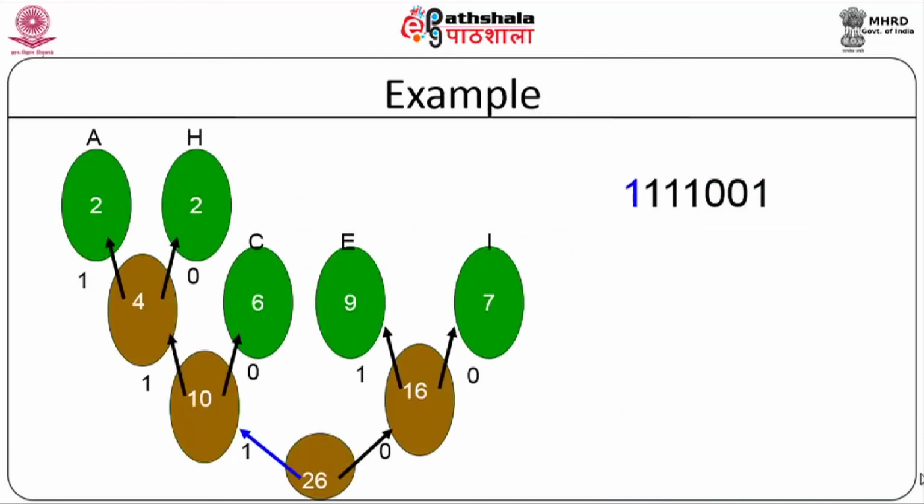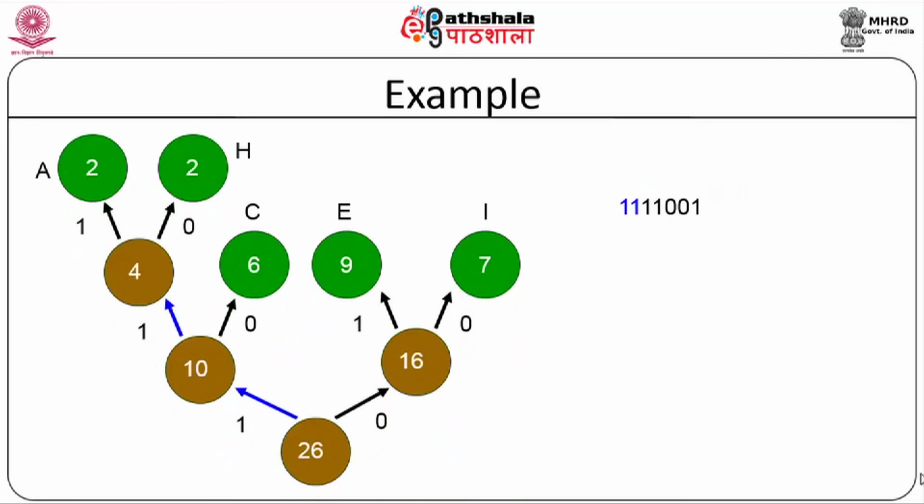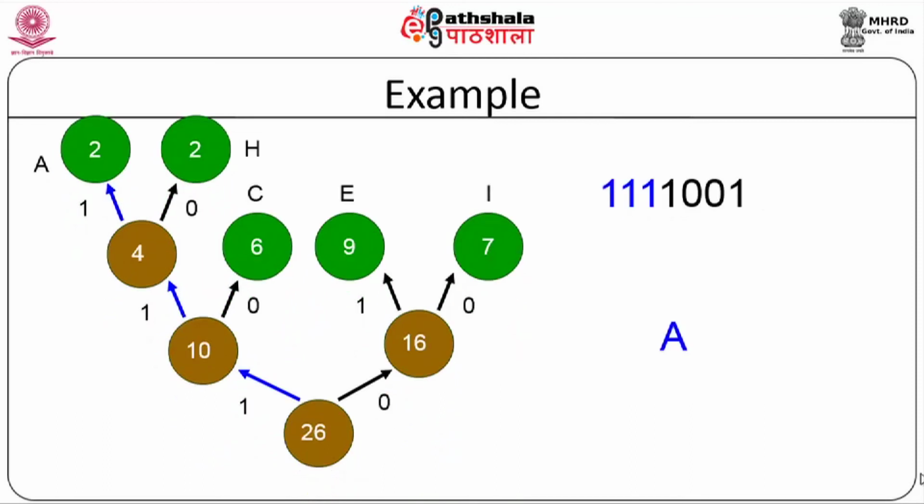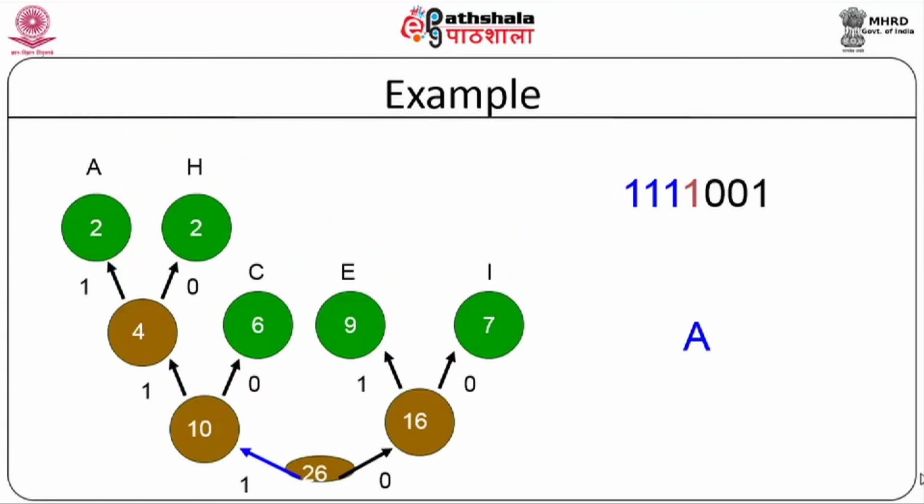So, let us see what happens. First I am getting 1, then I am getting 1 again, then I am getting 1. So, you can see that 1 1 1 is nothing but A. Next I will be getting 1, then I will be getting 0.